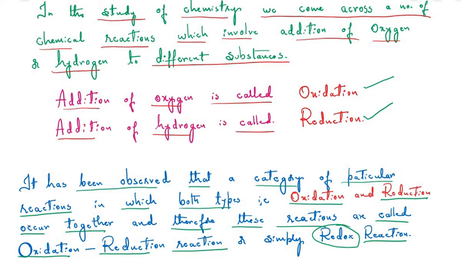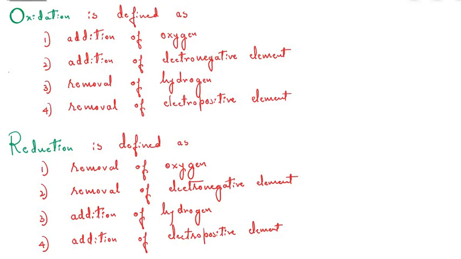So now we are going to learn the different terminologies used for oxidation and that of reduction. Oxidation is defined in four ways.